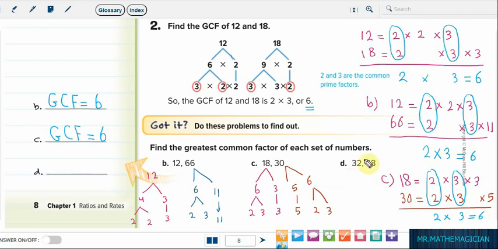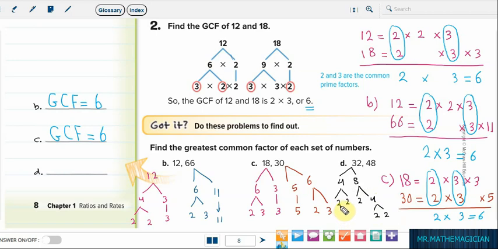Now for problem D. Let's take the 32. 32 can be considered as 4 by 8, and this 4 will be 2 by 2, and this 8 is 2 multiplied by 4, and this 4 will be 2 by 2.